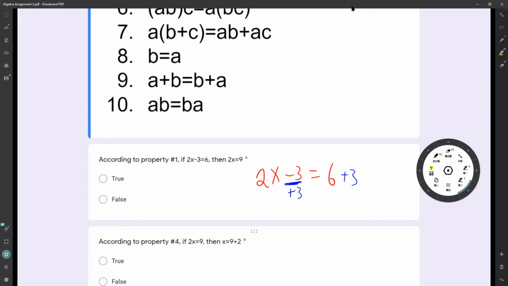Negative 3 and plus 3, this part is going to be a 0. So the left side is going to be 2x, and the right side is 6 plus 3, which is a 9. And that's true. You can verify: if 2x is 9, then 9 subtract 3 is 6. So we can verify that.